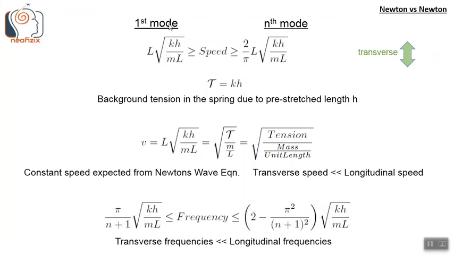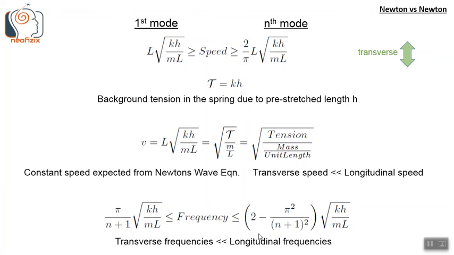On the same chain, if we excite the longitudinal waves and the transverse waves, we should get the transverse wave speeds to be much lower. The wavelengths between these transverse and the longitudinal cases will not change. They remain the same. The wavelength values do not change.